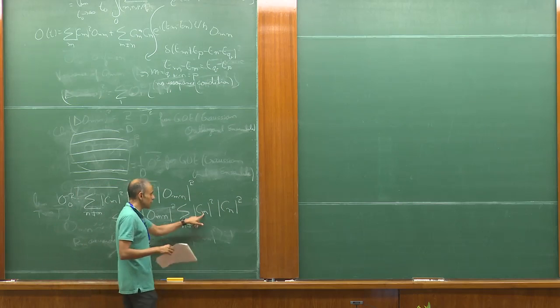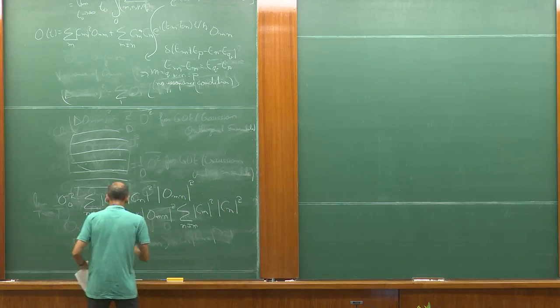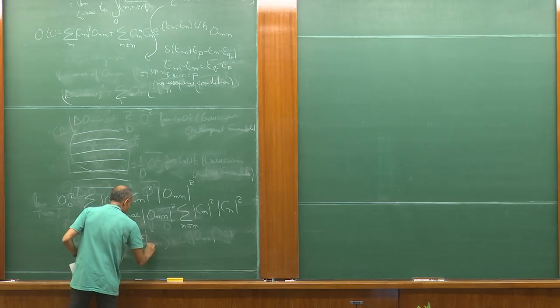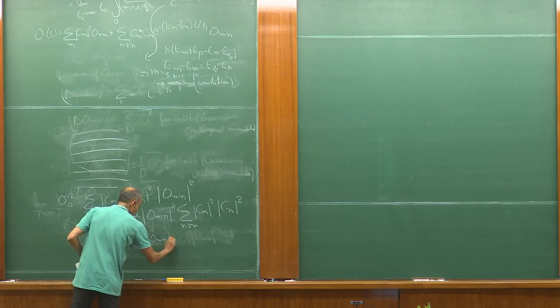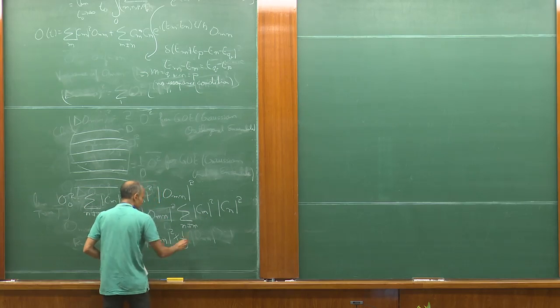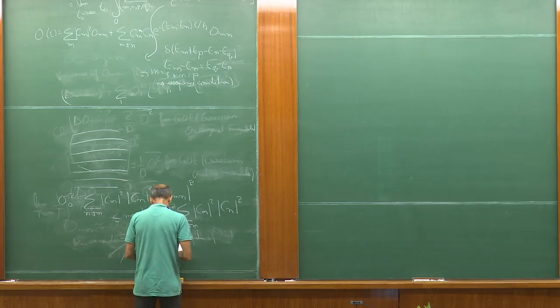And each of these is of order 1 over d because the state is normalized, and so what I've written on the right hand side now is max of mod Omn squared times 1 over d, one factor 1 over d coming from here, one factor of 1 over d coming from there, right?